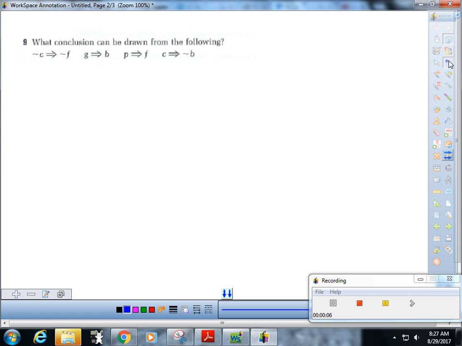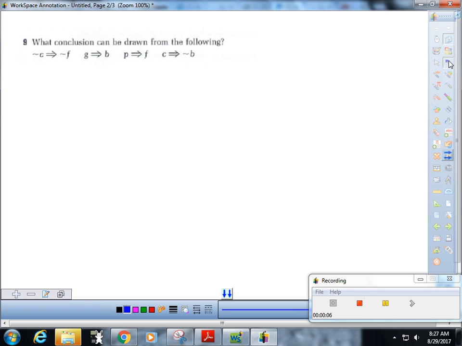If I live in Cincinnati, then I live in Ohio. What is the contrapositive to that statement? The contrapositive is if I don't live in Ohio, then I don't live in Cincinnati. Okay? Both of those are true. Does that make sense to you guys?